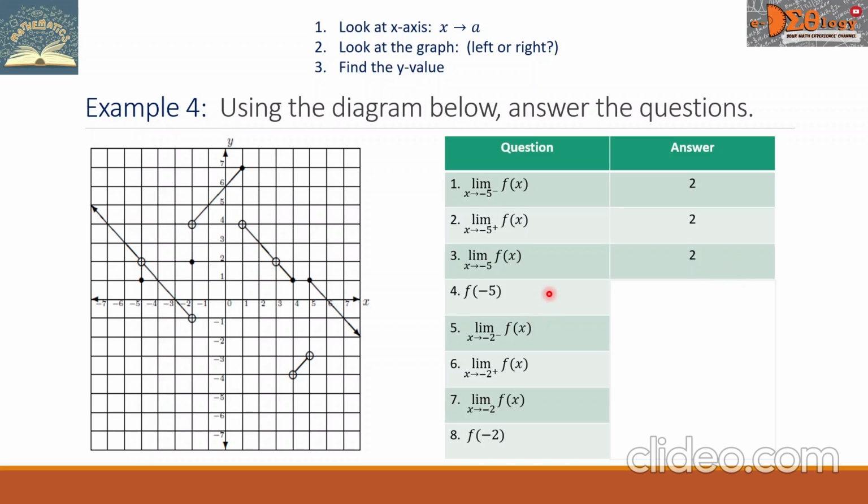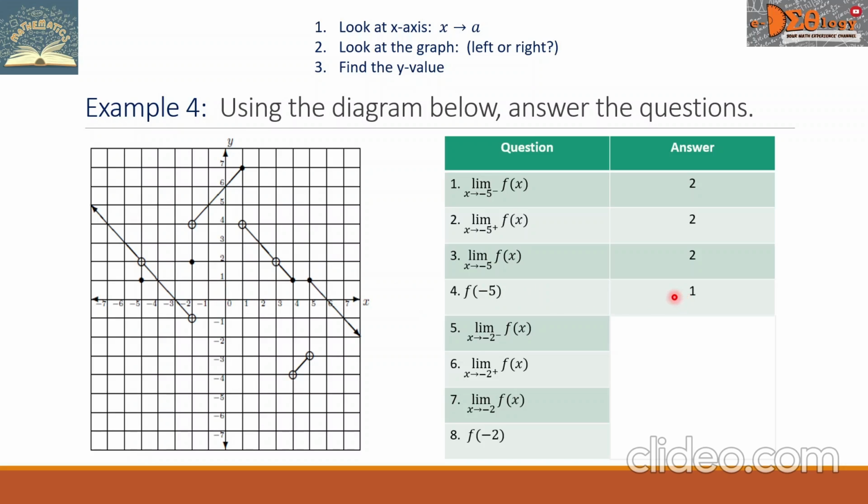Now, number 4. F of negative 5. Negative 5 is here. On the graph, there is a point. Also, there is a line, but there is a hole at that point when x equals negative 5. That means we are going to get the value of this point when x equals negative 5, and that is 1.